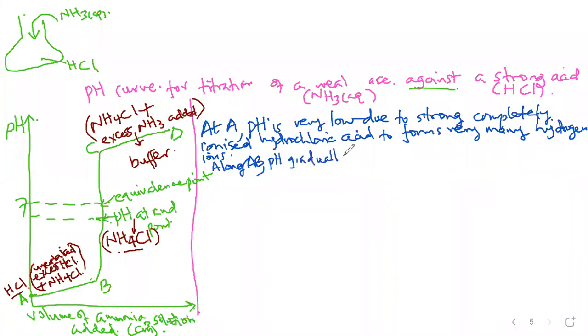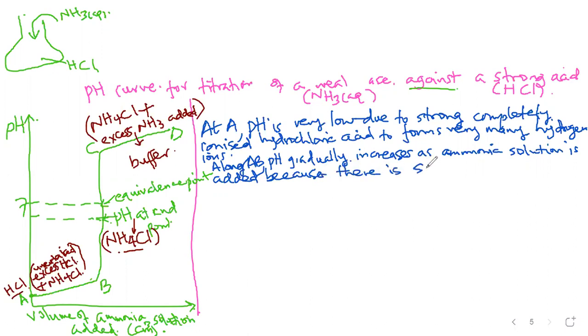The pH gradually increases as ammonia solution is added, because there is still an excess of unneutralized hydrochloric acid.